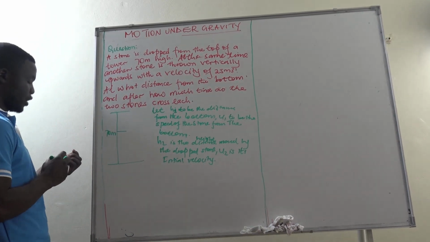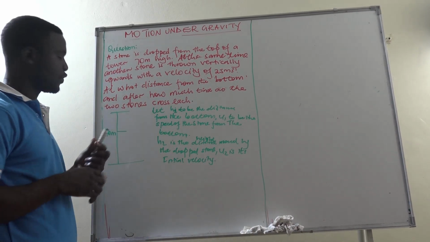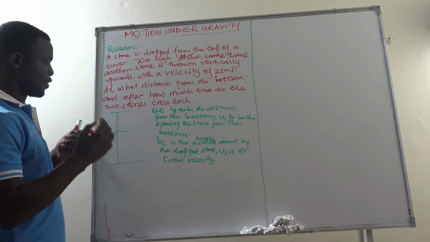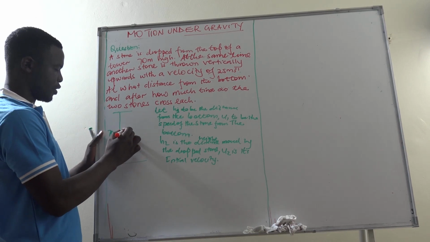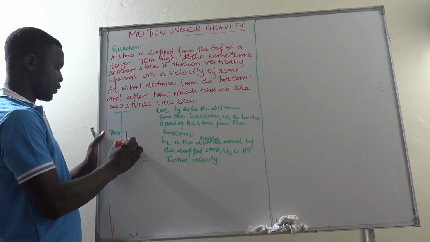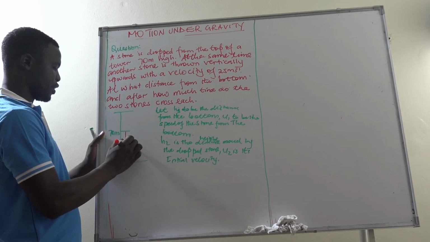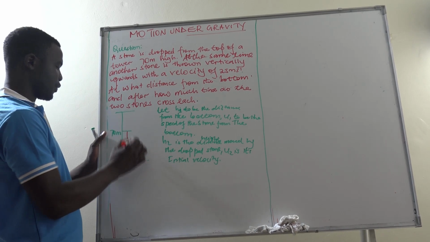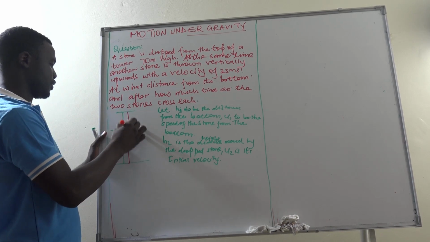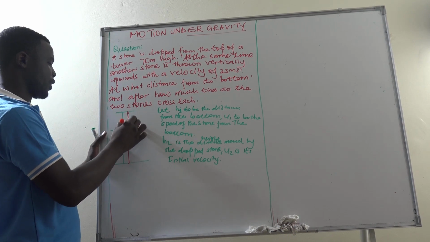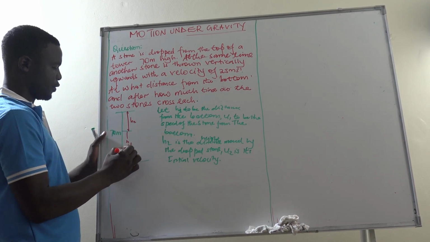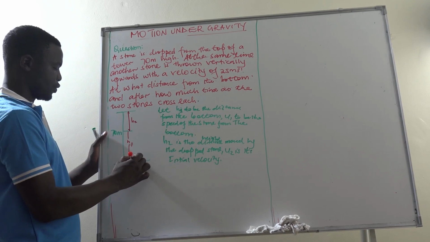So when we try to sketch this on that diagram of ours, we are saying the distance from the ground up to where they cross is H1, and then the distance from the top up to where they are crossing, we have called it H2.